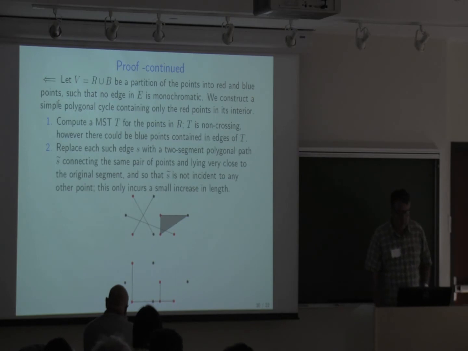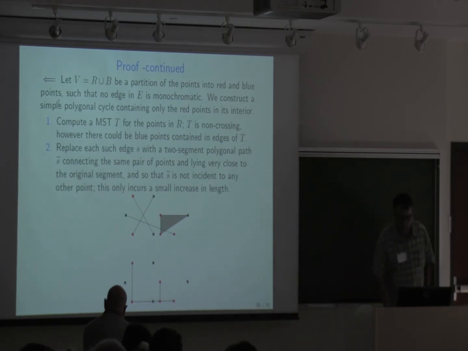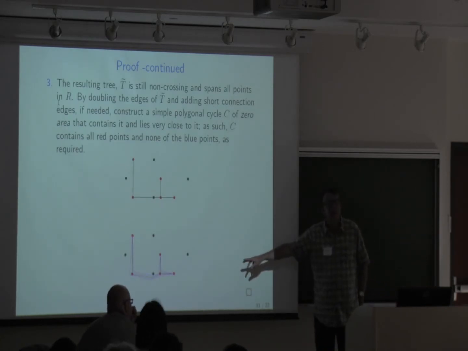Then you can compute a minimum spanning tree of the red points, which is going to be non-crossing, but there could be blue points on its edges, and then you can avoid those. You can replace each such edge, suppose this would be a minimum spanning tree, and then you can perturb that bottom edge a little bit to avoid the blue point. You're going to get also some spanning structure of the red points, and then you can transform it to a cycle that only contains the red points on the boundary or inside.